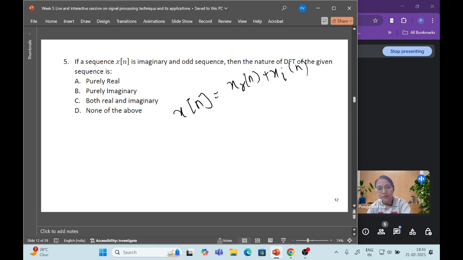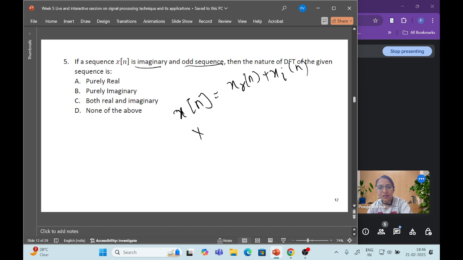You have been seeing that in the video lectures also. So if a sequence is imaginary and odd, then the DFT x of k must be purely real. How can it be? First we will go through the imaginary part, then we will take the odd sequence. We will consider both terms, then I will describe it.